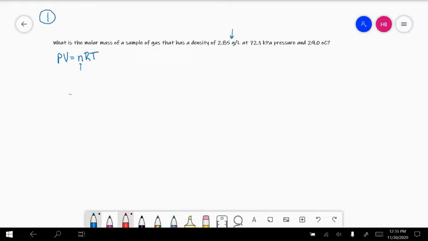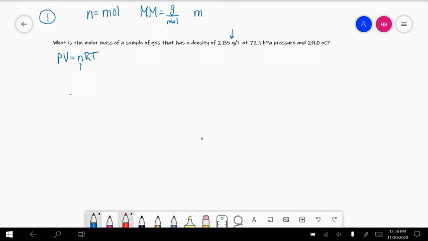So let's replace n, the number of moles, and our molar mass is equal to grams per mole.